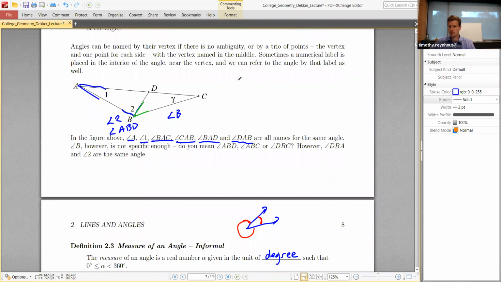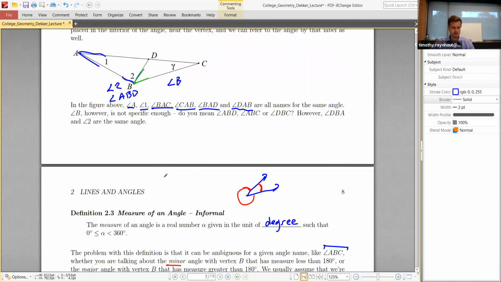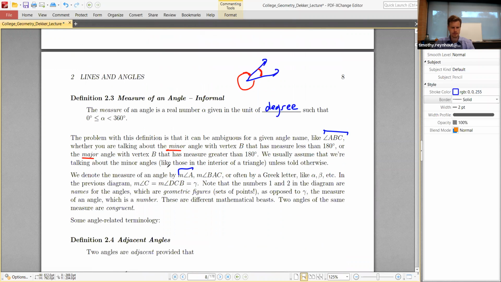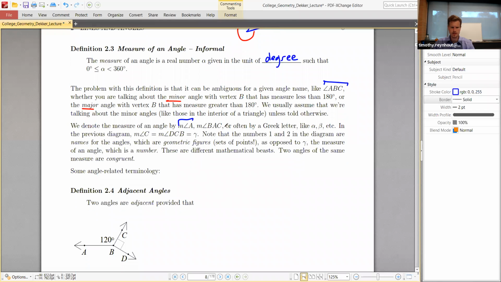So we can name an angle. My name is Tim, but Tim isn't who I am. I am the person that is sitting here. Tim is the name. And there is also a way to measure, right? We could assign a number to a person, like age. I'm 30-something years old. Excellent. So hopefully that clarifies what these are.